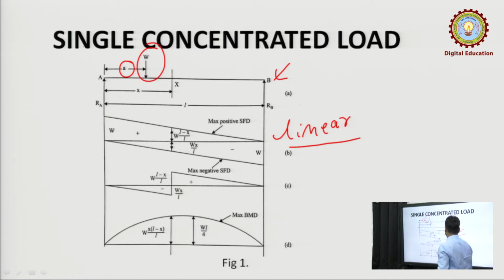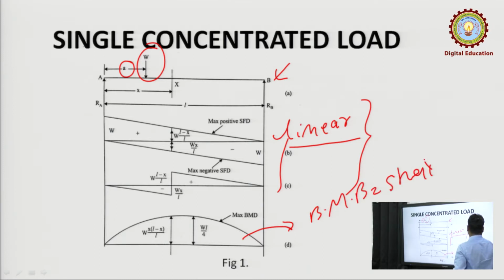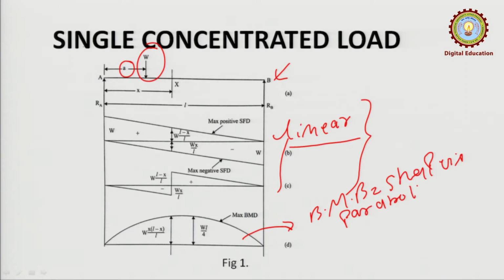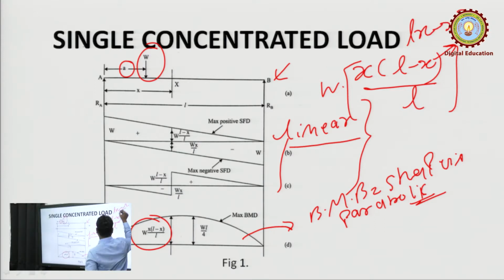In both cases we can see that the shape is linear, but in the bending moment diagram, BMD, the shape is parabolic and the equation is x(L minus x)/L into W. You can also write it as Lx minus x square.